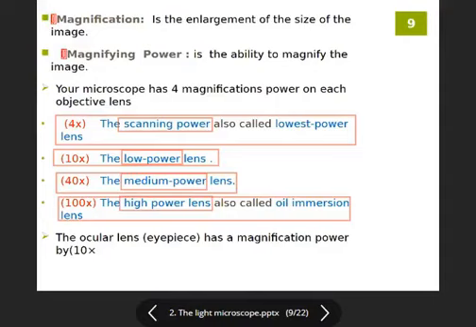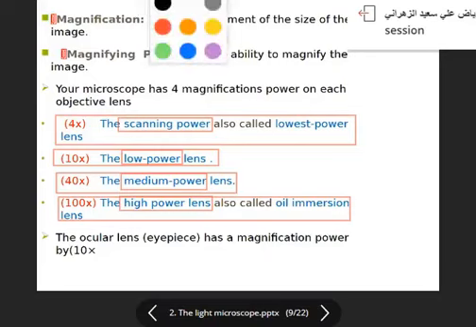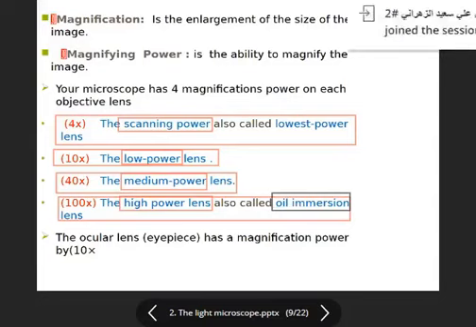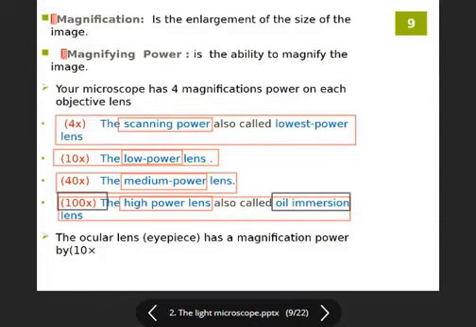But as you can see here, dear students, when you are using 100x, you have to use a drop of oil, because in 100x the lens is too close to the slide. So this oil gives you a medium of refraction.